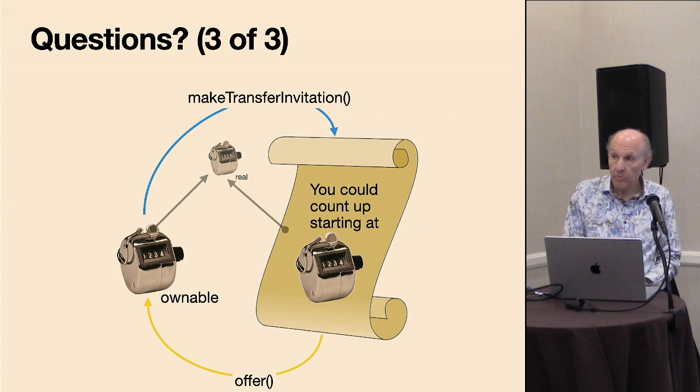Everything I've said is correct and realistic in the abstract, but the actual system is more complicated in ways that I didn't explain. And this final step of making the seat and seat resolver into ownables is not a step that we've taken yet. That step is still in progress. Okay, questions?